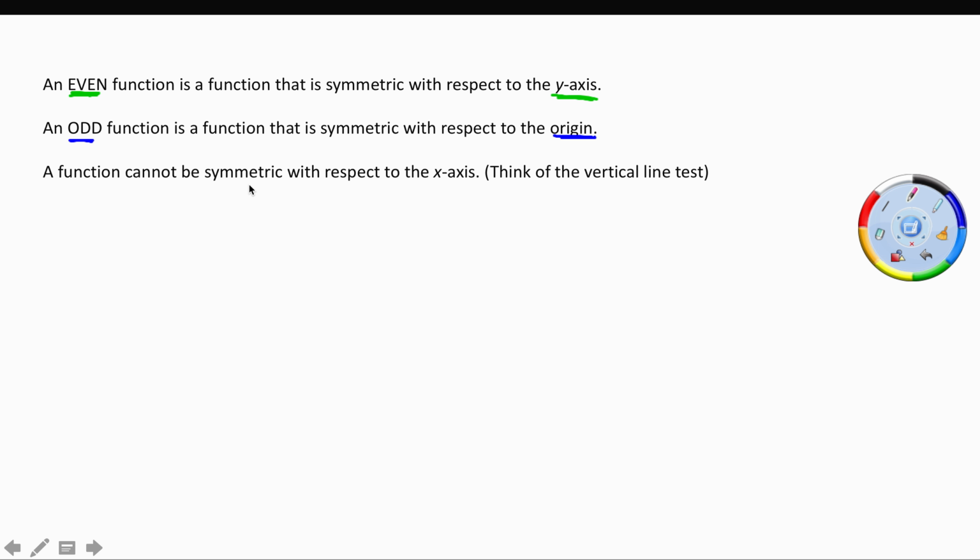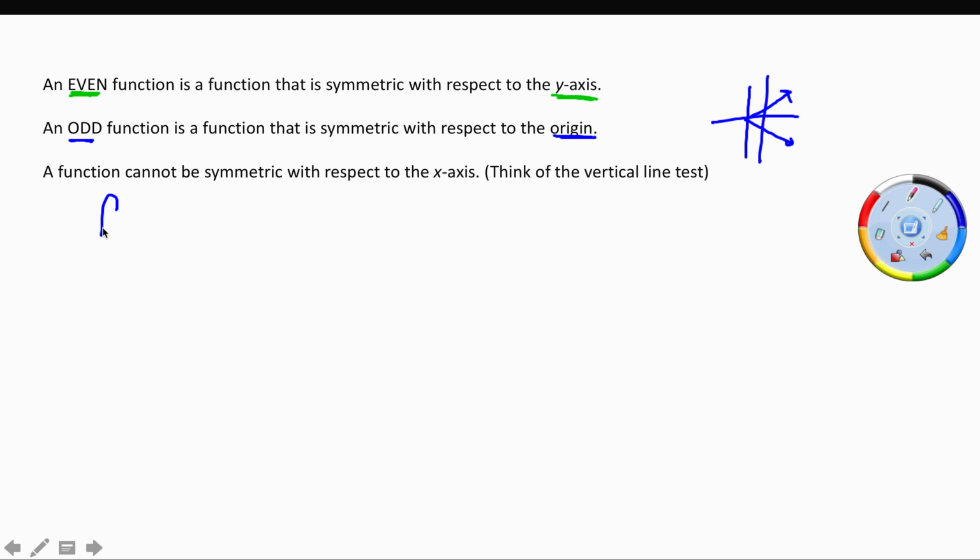A function cannot be symmetric with respect to the x-axis, right? Think of the vertical line test. If it's symmetric with respect to the x-axis, it would look something like this, and therefore it's not a function. So by simply being a function, we've already ruled out symmetry with respect to the x-axis.